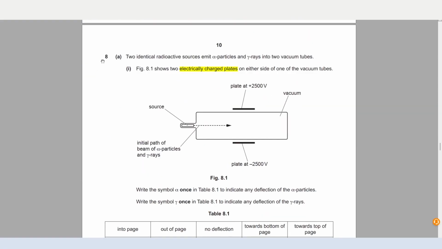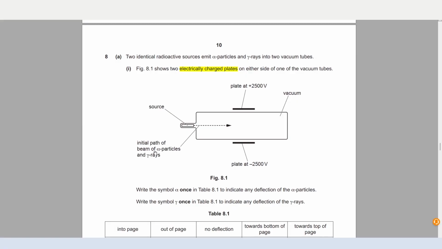Question number 8. Part A. Two identical radioactive sources emit alpha particles and gamma rays into two vacuum tubes. Figure 8.1 shows two electrically charged plates on either side of one of the vacuum tubes. So this is positive and this is negatively charged.